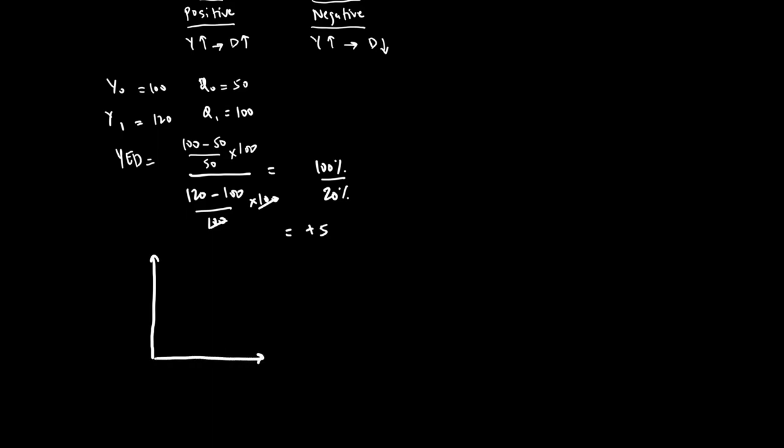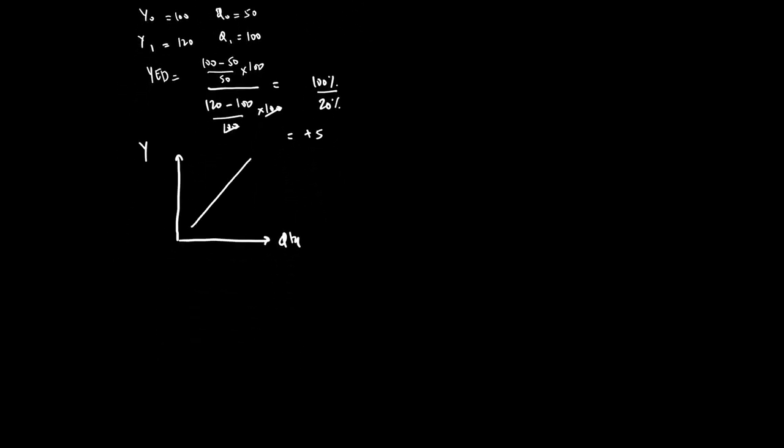So this is my income, right? And let's say on my x-axis I have quantity, on my y-axis I have income. So I have this kind of a relationship. It's a direct relationship. But in terms of a demand curve, when I draw a demand curve showing this, because in a demand curve we show a relationship between quantity and price, this becomes a non-price factor.